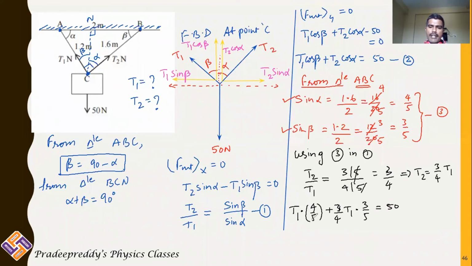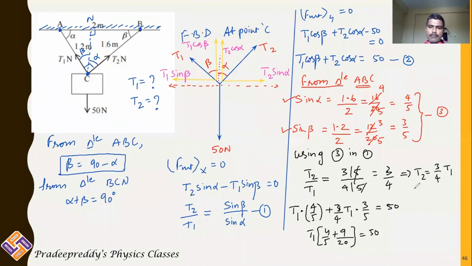This gives you T1, you can take it common. If you take T1 common, you will be writing it as 4 by 5 plus 9 divided by 5 fours 20, which is equal to 50. Right? You can take LCM here. 4 4s 16, 16 plus 9.